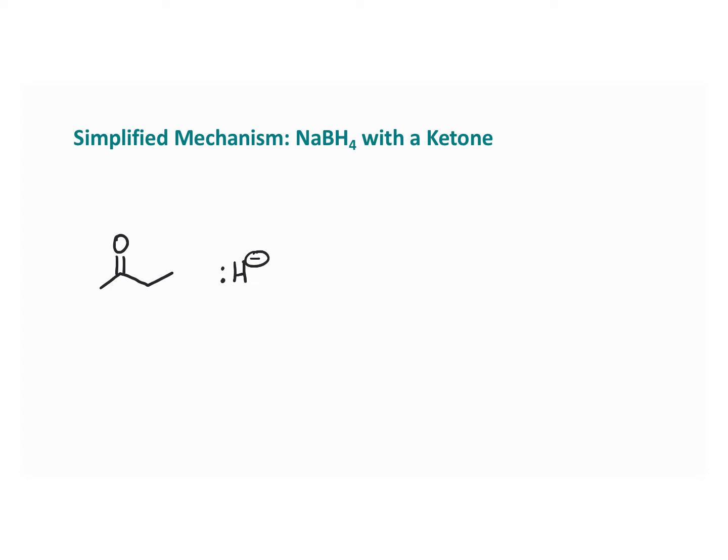Hydride is nucleophilic. I want us to remember that this oxygen is very electronegative. It's going to withdraw electron density. That carbon is partially positive. So these electrons are going to go right here and attack that partially positive carbon. Those electrons are going to jump up there on the oxygen. Now, we have formed a new bond with that hydride right there.